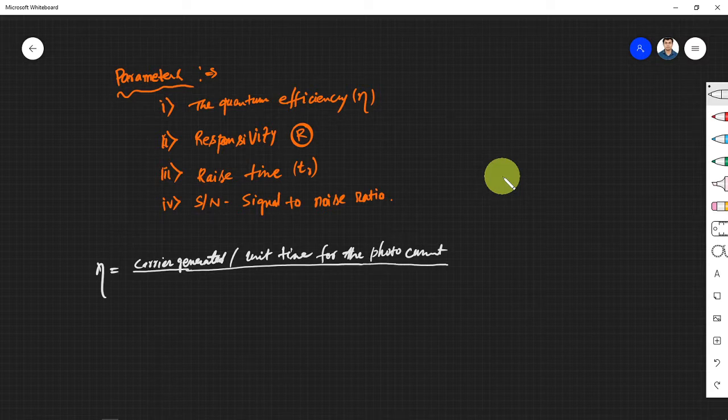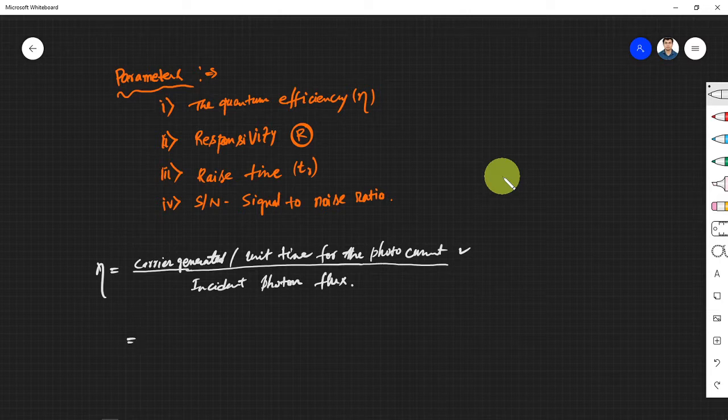This is basically the output from the device, and the input is our incident photon flux. It's exactly opposite if you remember the working of an LED.